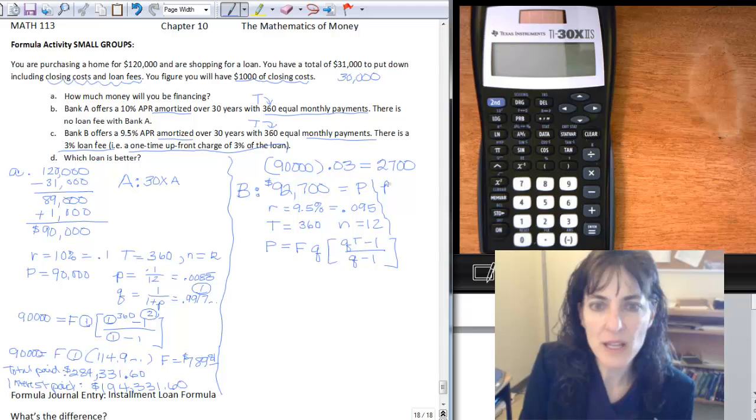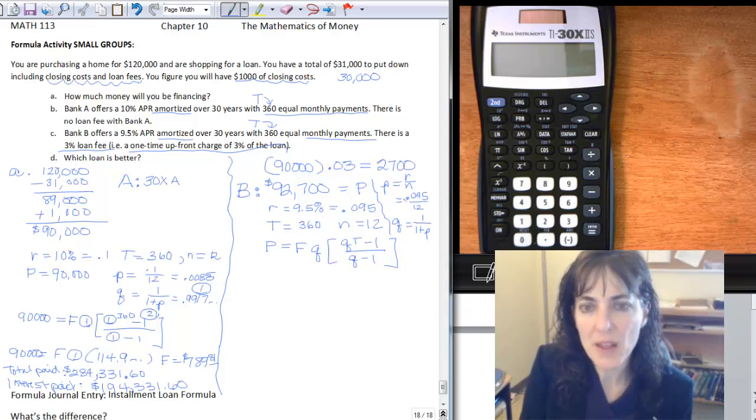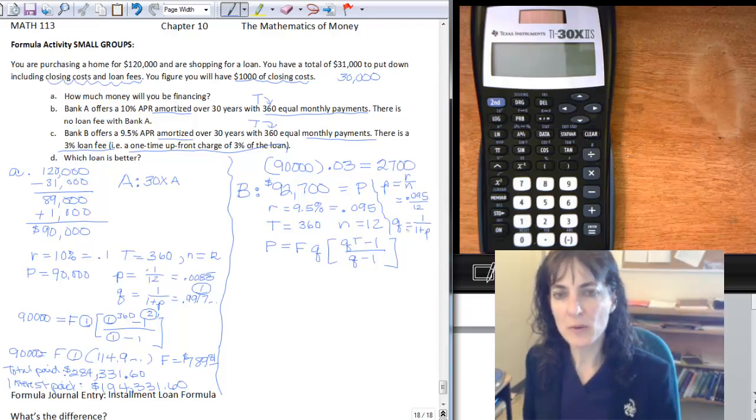My little p is R over N, which is 0.095 divided by 12. And then I also have to calculate my Q, which is 1 over 1 plus little p. So I'll go ahead and calculate those things.